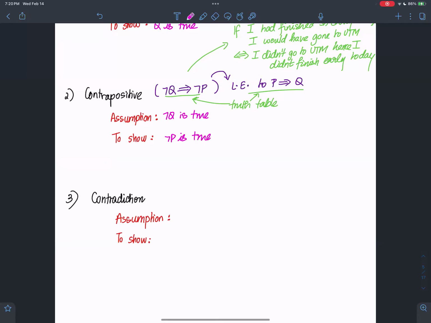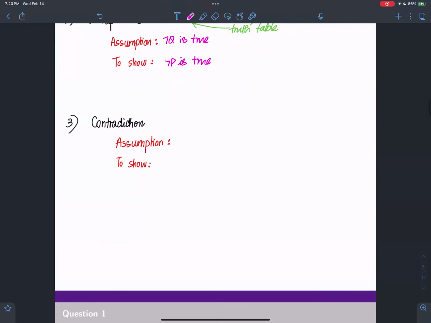Let's now talk about contradiction. Now, contradiction is slightly different. So what does contradiction mean? Contradiction means a statement which is always false. I don't know if you've heard the word tautology, but tautology means a statement which is always true. Similarly, contradiction means a statement which is always false.